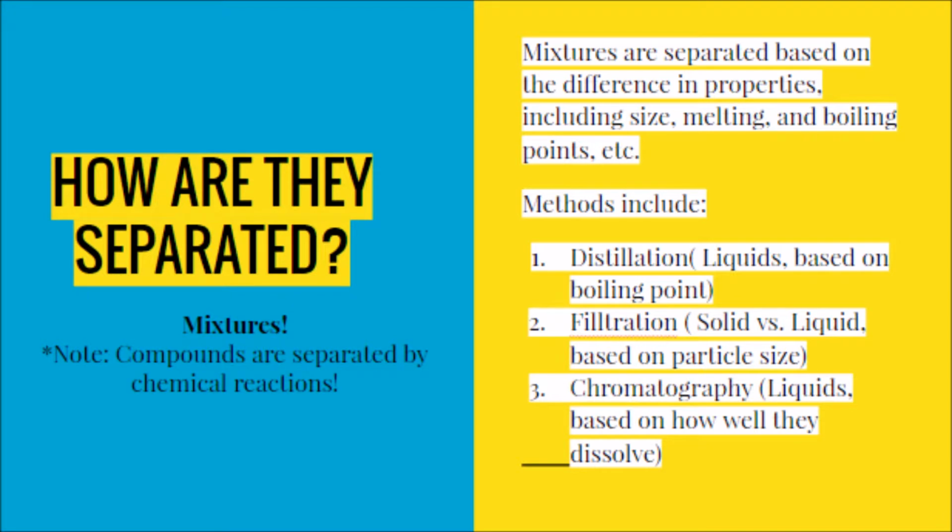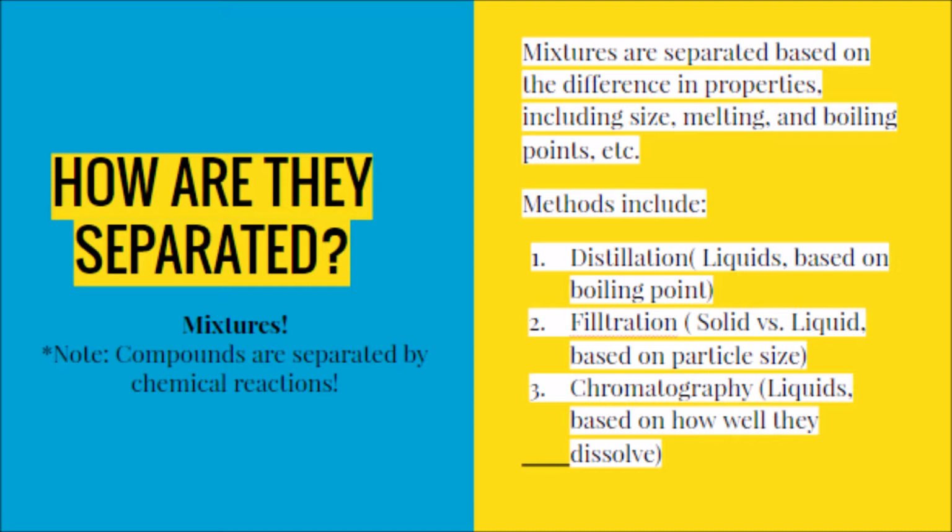On the subject of mixtures, it's essential to discuss how they are separated. It's also important to note on the side that compounds are separated by chemical reactions. Mixtures, on the other hand, are not. The separation of mixtures is based solely on the difference in properties of the items within the mixture.